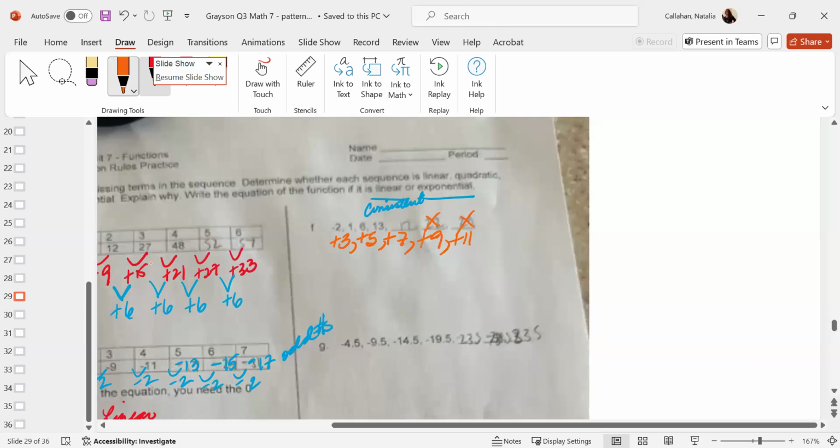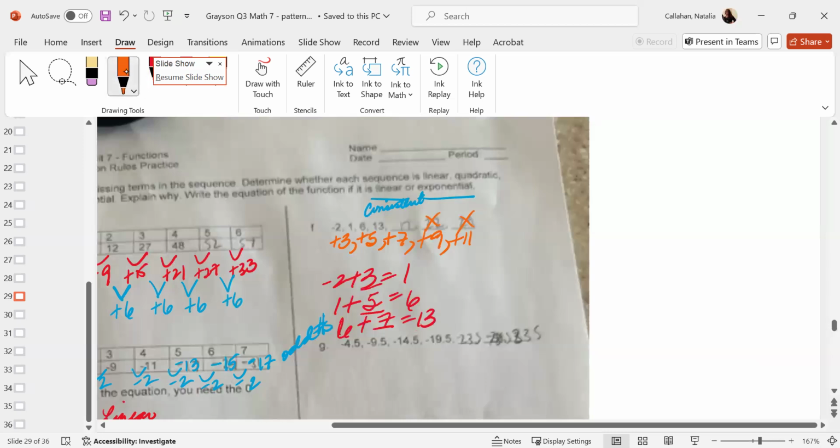Okay, so -2 plus one number gives me 1. Write it down. -2 plus 3 equals 1, right? Yeah. 1 plus what gives me 6? 5. 6 plus what number gives me 13? 7.